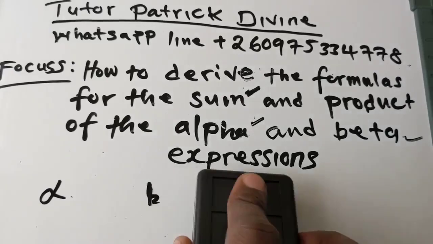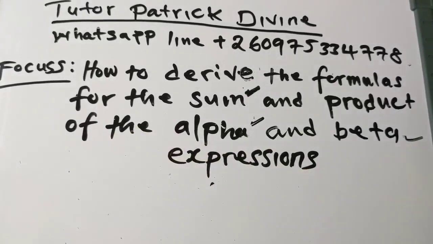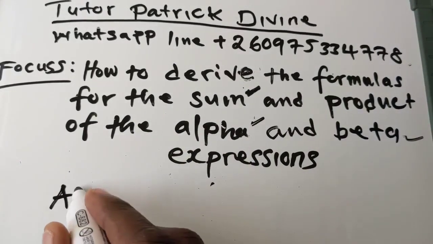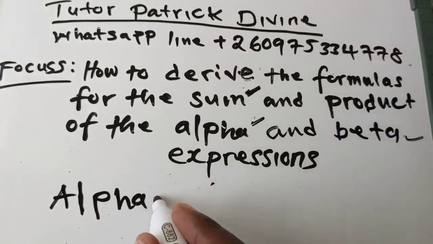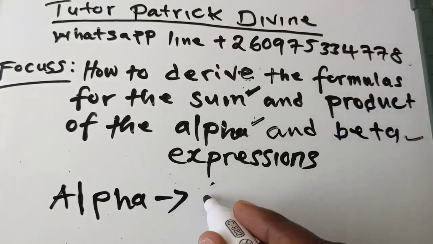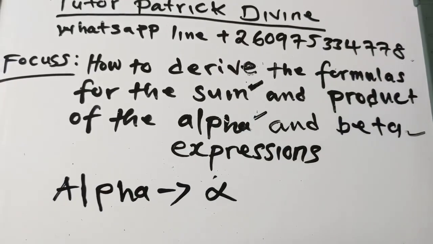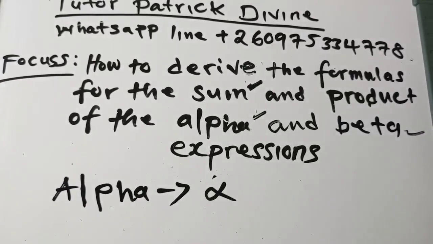So let me write them like this so that you understand very well. The symbol for alpha is this symbol. You have probably been seeing it on the HIV symbol.